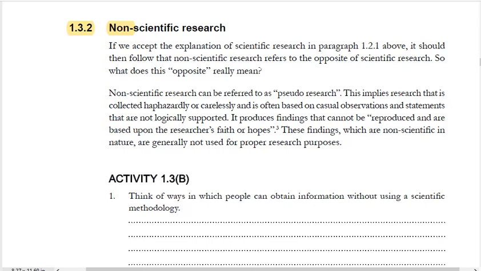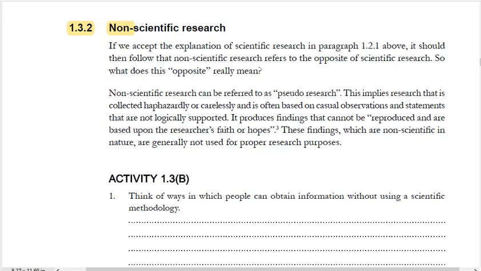Non-scientific research can be referred to as pseudo-research. This implies research that is collected haphazardly or carelessly and is often based on casual observations and statements that are not logically supported.